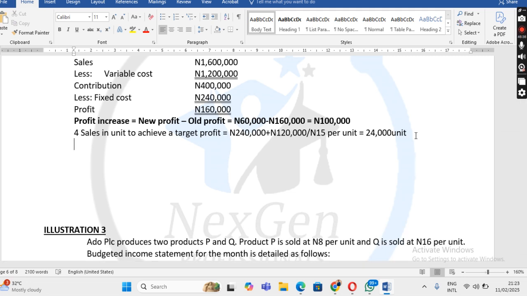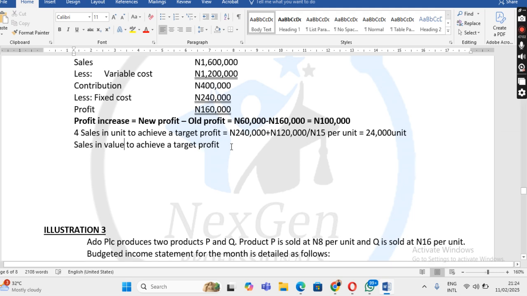Now don't forget that the question says you should do value as well. You need to be very smart enough. Don't forget that I said there are two formulas, right? Now, this is in value. When you want to get value, you say fixed cost plus your target profit divided by the CMR.